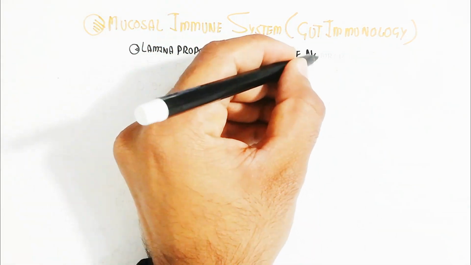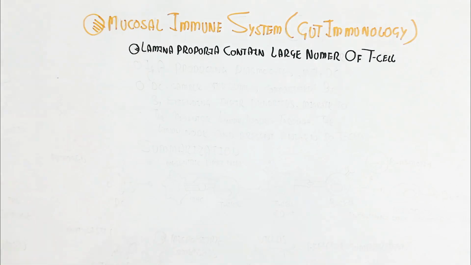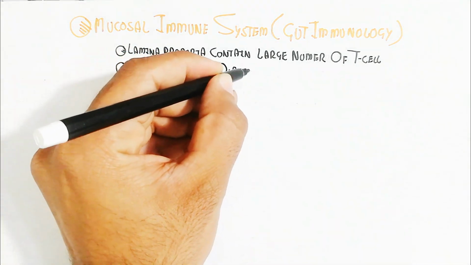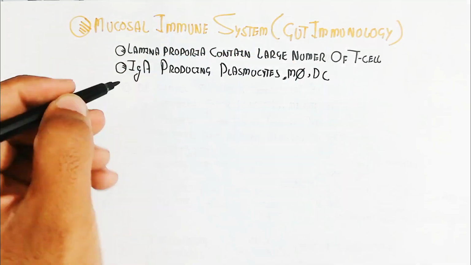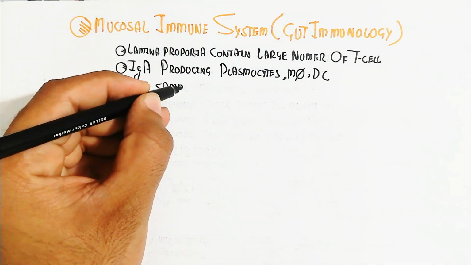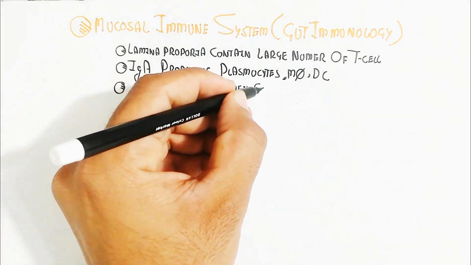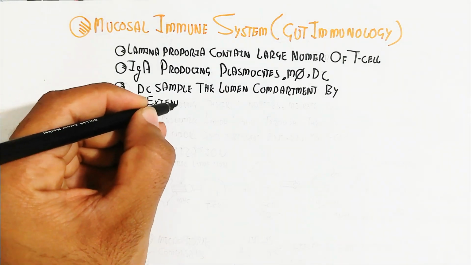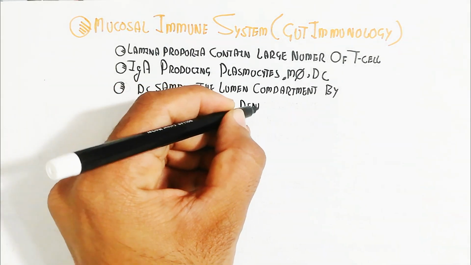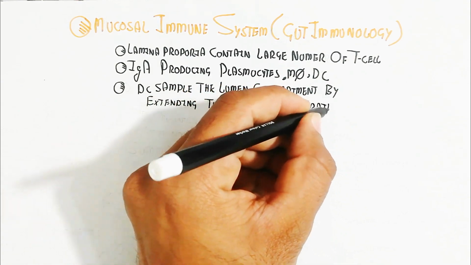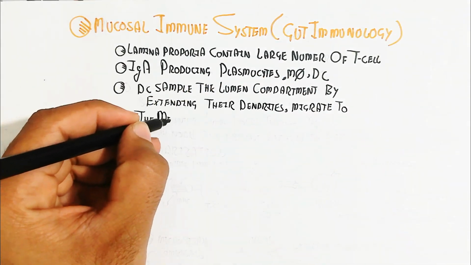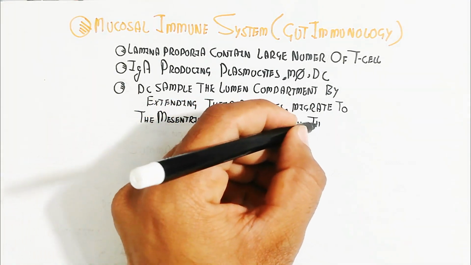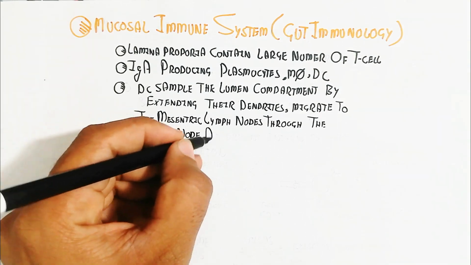The lamina propria contains a large number of T cells. The lamina propria is below the epithelium, and the IgA producing plasmocytes are present, along with macrophages and dendritic cells. Dendritic cells sample the lumen compartment by extending their dendrites, migrate to the mesenteric lymph node through the lymph node, and present antigen to T cells for proliferation to produce B cells, and B cells will convert into B memory cells.